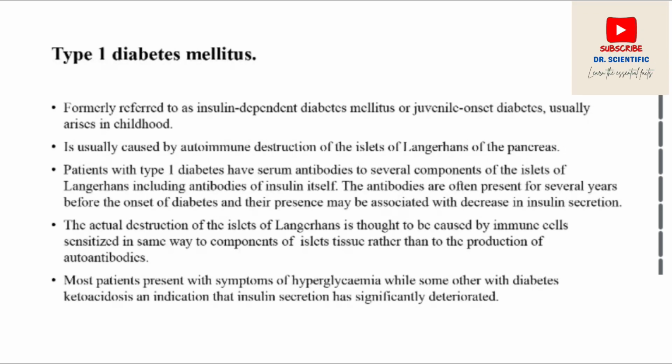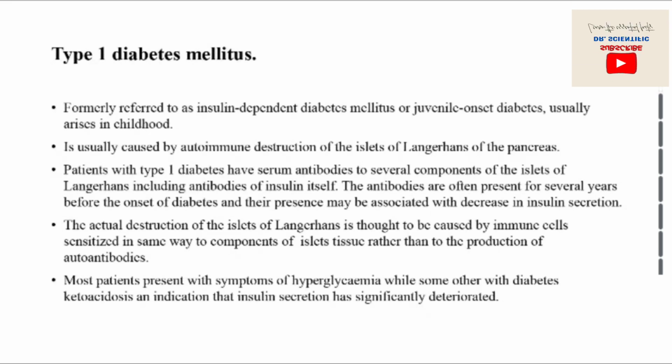Patients with type 1 diabetes have serum antibodies to several components of the islets of Langerhans, including antibodies to insulin itself. The antibodies are often present for several years before the onset of diabetes, and their presence may be associated with a decrease in insulin secretion.